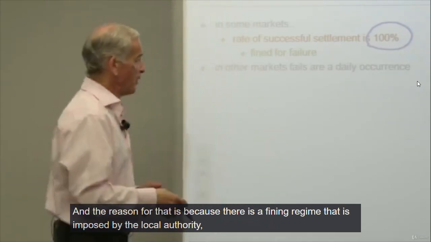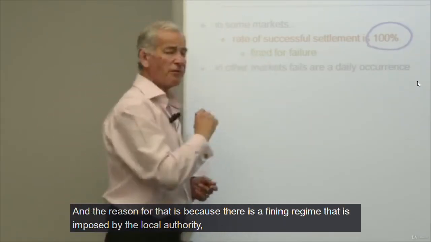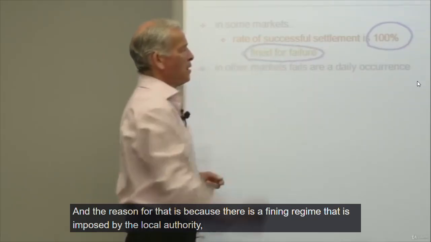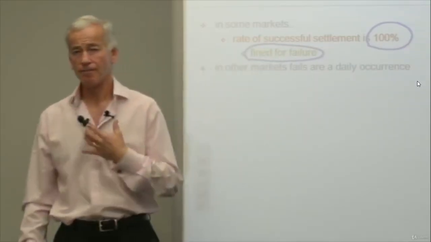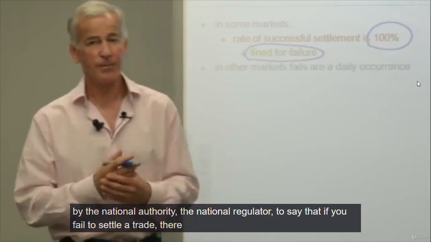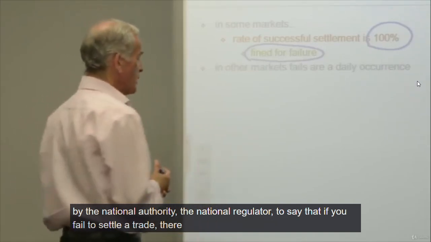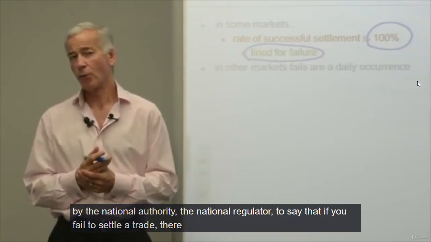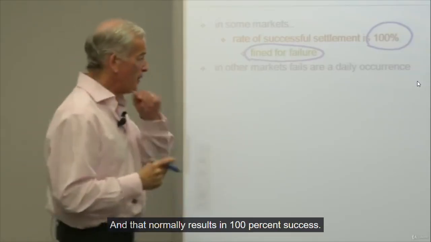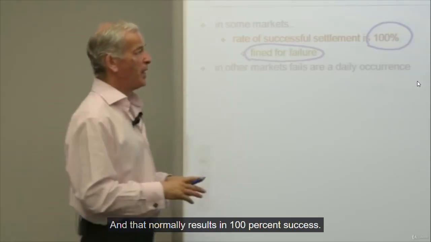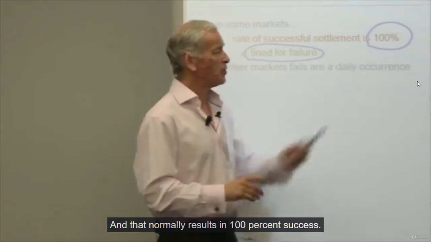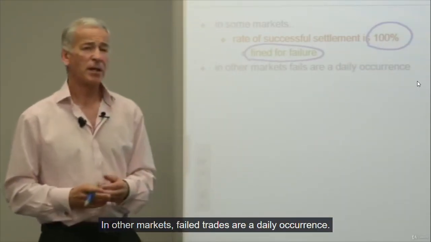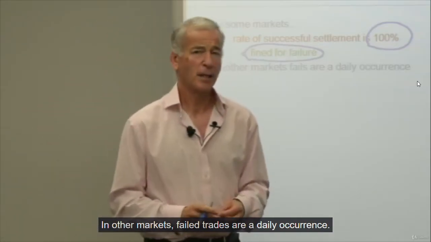And the reason for that is because there is a fining regime that is imposed by the local authority, by the national authority, the national regulator, to say that if you fail to settle a trade, there will be a fine involved. And that normally results in 100% success. But not all markets are like that. In other markets, failed trades are a daily occurrence.